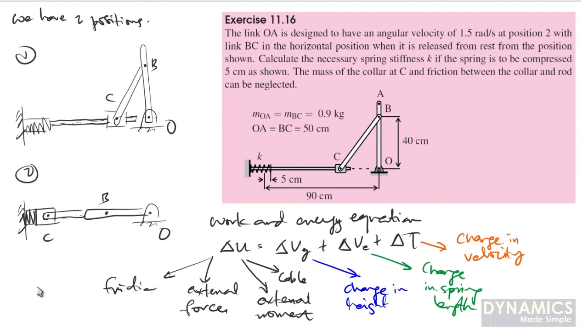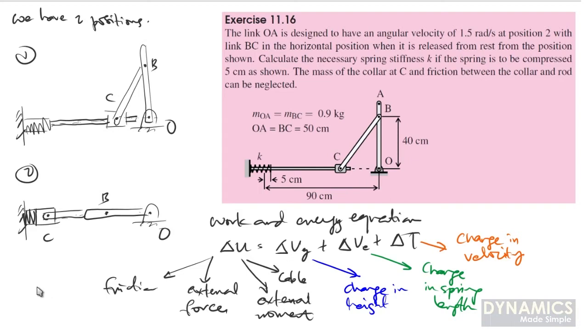So at position 2, BC will be horizontal. And we were told that the system is released from a rest position as shown in the figure. So the figure is showing position 1, the initial position, whereby everything is initially at rest, which means it's not moving yet.